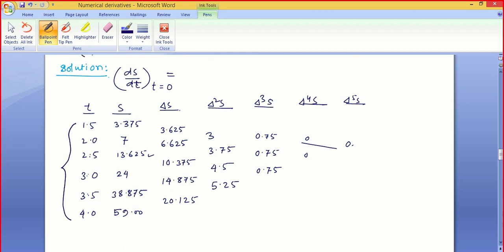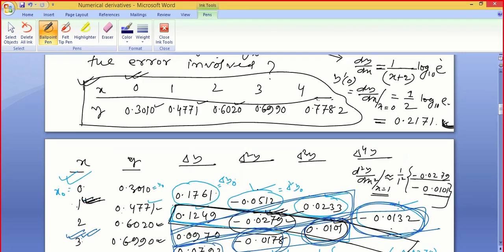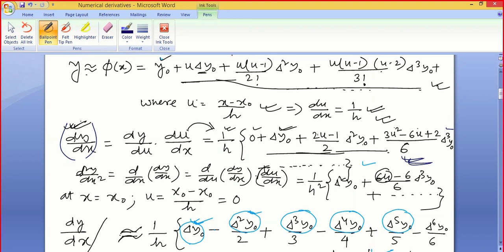So for that purpose, the initial formula, the one by which we calculate dy by dx, in that expression you have to put t equals 0 there. T equals 0 means u.